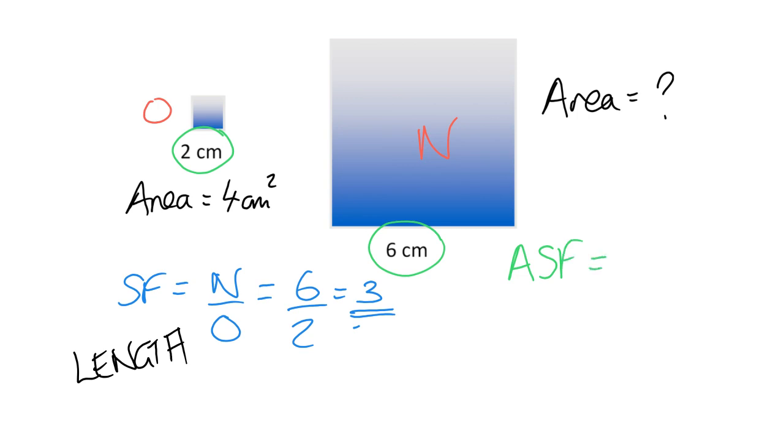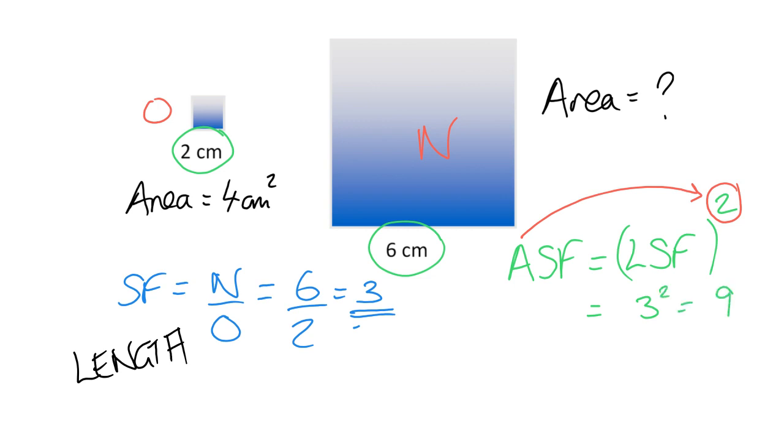And we saw from the previous example, that is the length scale factor. And this time, because we're looking at area, the area scale factor dictates that it's squared, and we'll come to that for when we're looking at volume. So that means we've got 3 squared, which is 9. So for the missing area, we would look for the question mark.